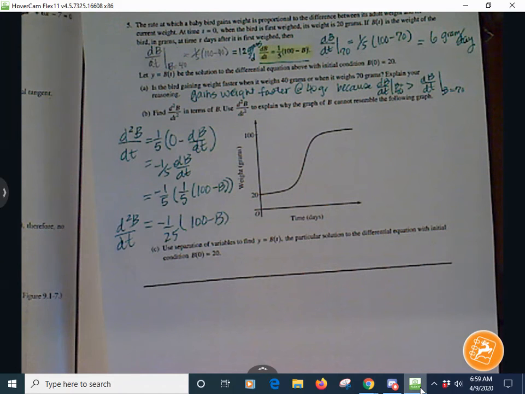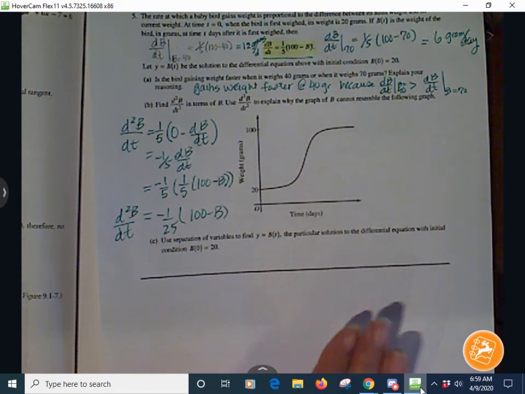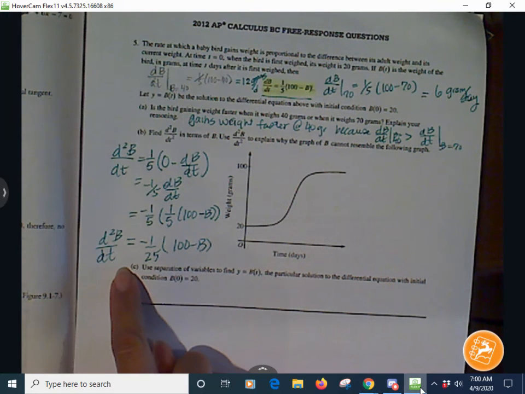So now the next thing it says, use your second derivative to explain why the graph of B cannot resemble the following graph. Okay, so they're saying that this graph right here is not the graph of B of t. So now we need to think, okay, well, how is this going to help us?